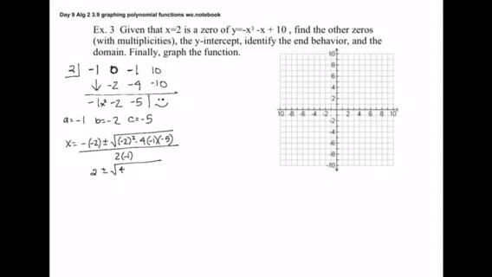Negative times a negative is a positive times a negative is a -20 all over -2. I recognize that I am going to have a complex root because I have the square root of -16 all over -2.